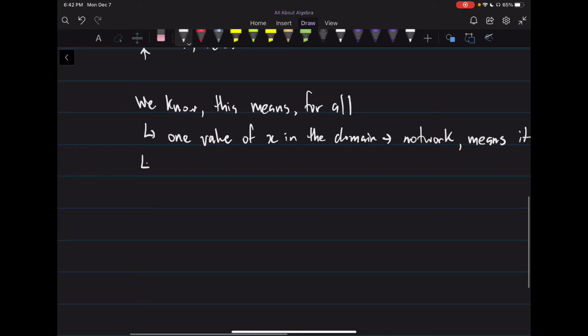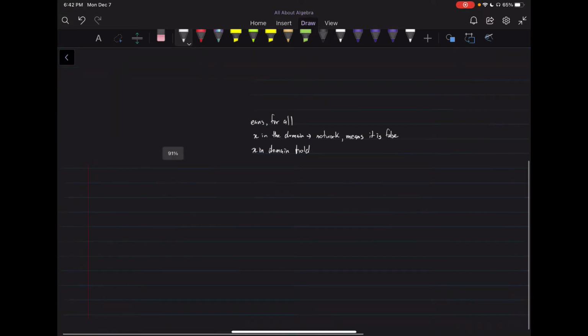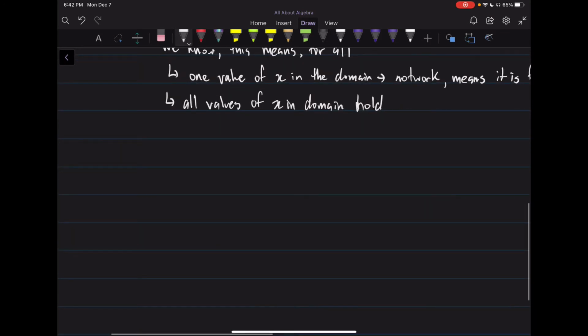But to prove it, that means all values of x in the domain hold, right? So that means that we need to show that it's true for all x. Well, how do we do it with something that looks like for all x that's a real number, x squared plus 1 is greater than or equal to 2x.